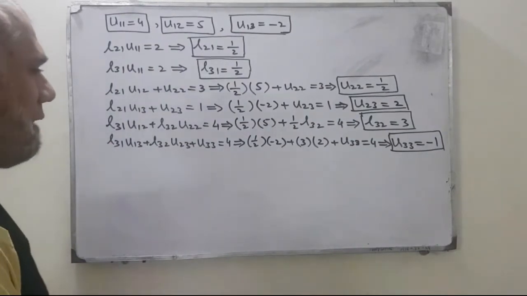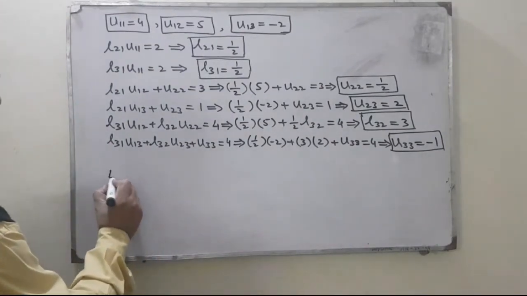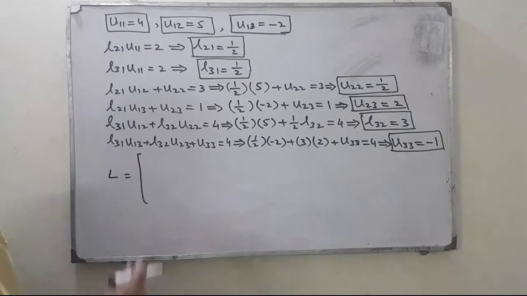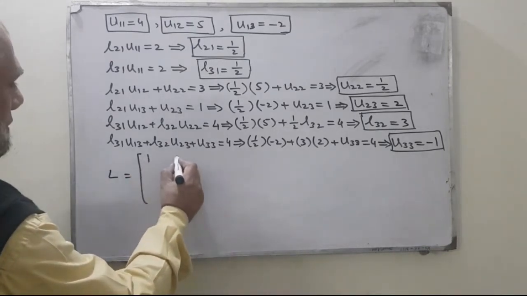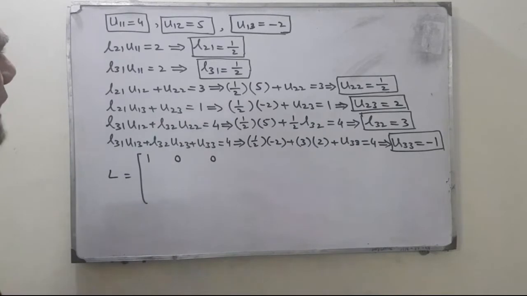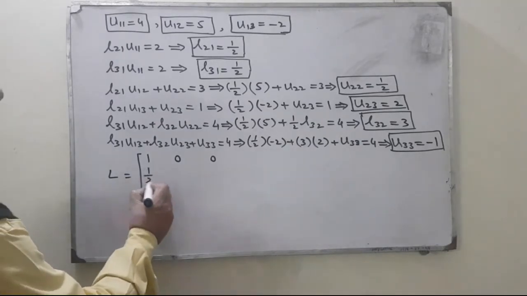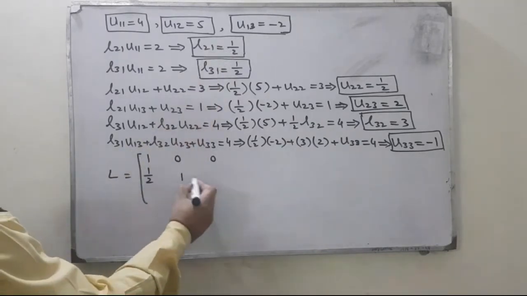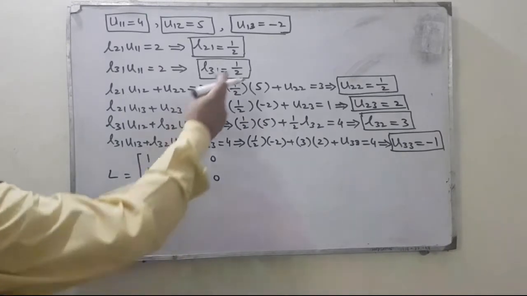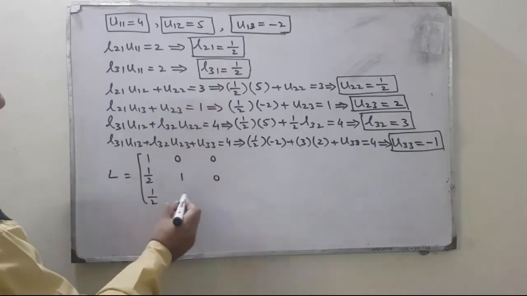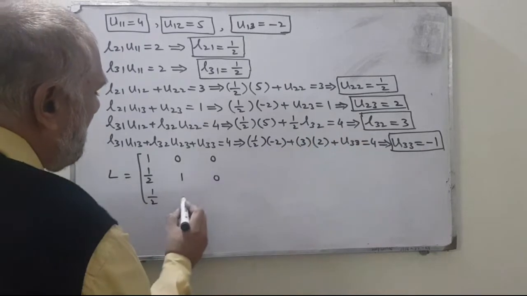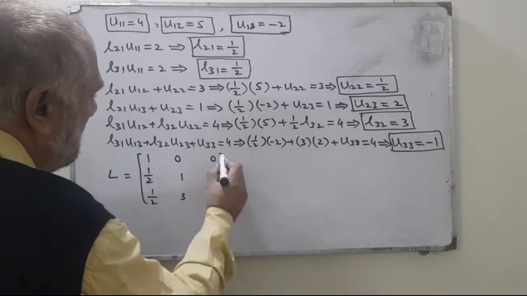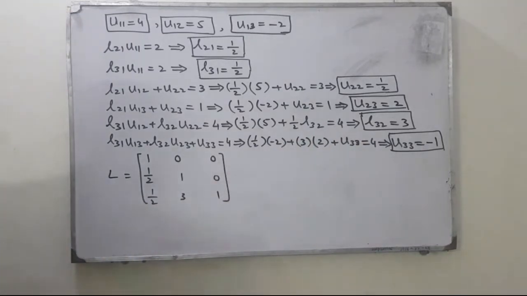So the matrix L will now be equal to, we obtain the entries and substitute them back into L and U, which gives you 1, 0, 0. L21 is 1 by 2 from here, then 1, 0. L31 is 1 by 2, L32 is 3, and it is 1 here. So this is your L.